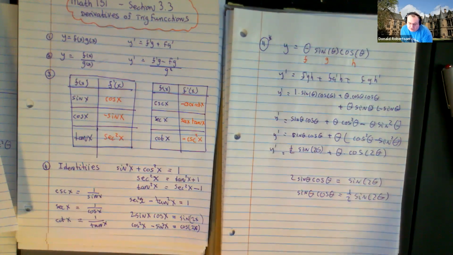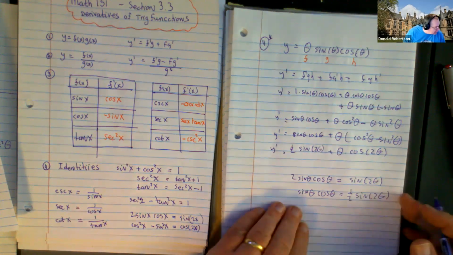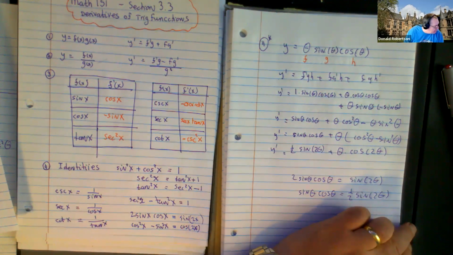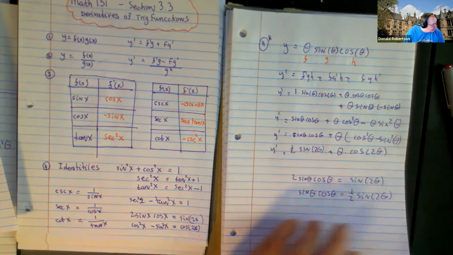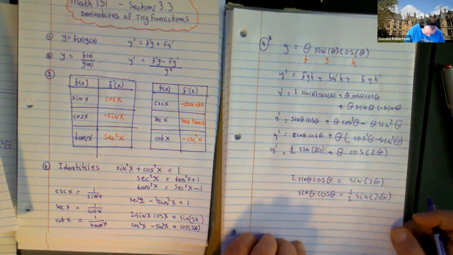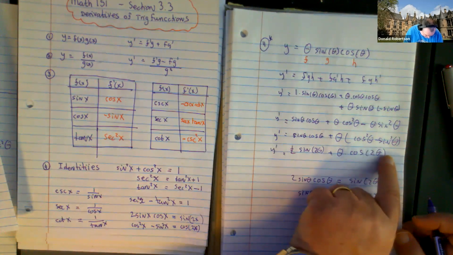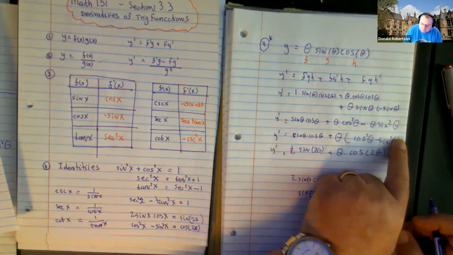So do you see that these trig identities are appearing everywhere, and they're going to make your answer quite different from what it might originally look like? And depending on how fussy WebAssign is going to be, it may not accept this answer, right?